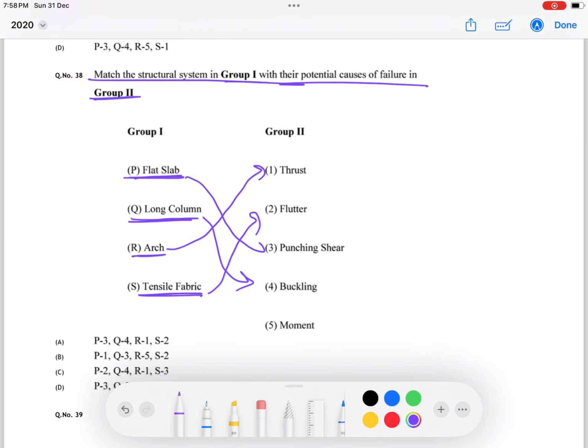So the best match answer here is P4. Column, flat slab is punching shear 3, Q4, arch is 1, and tensile in second. So it's 1, 4, 3. So A is the correct option.